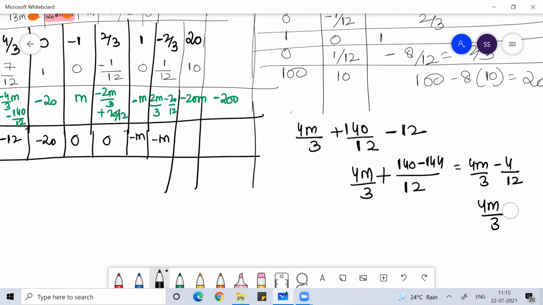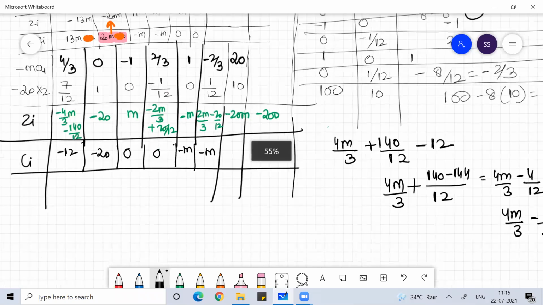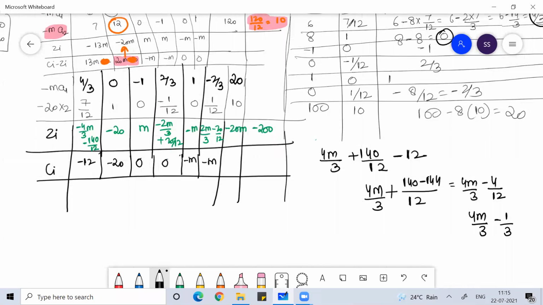So you can write it like this: 4m by 3 minus 1 by 3, Ci minus Zi.